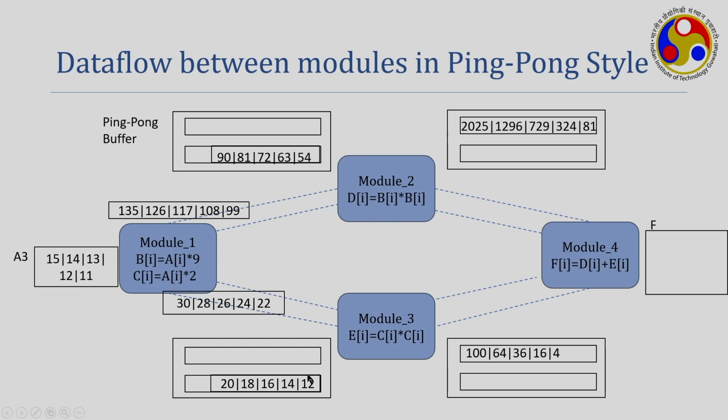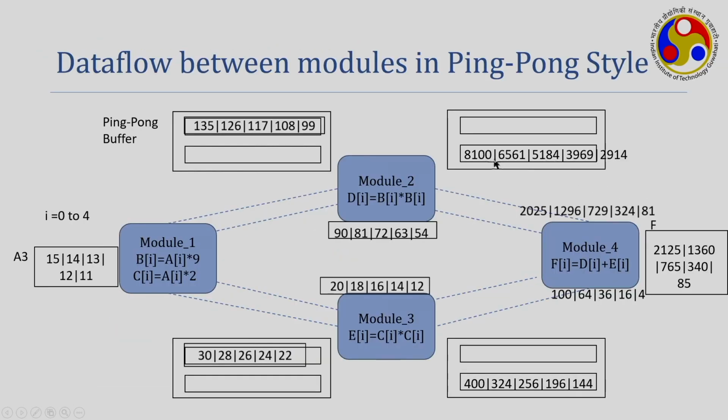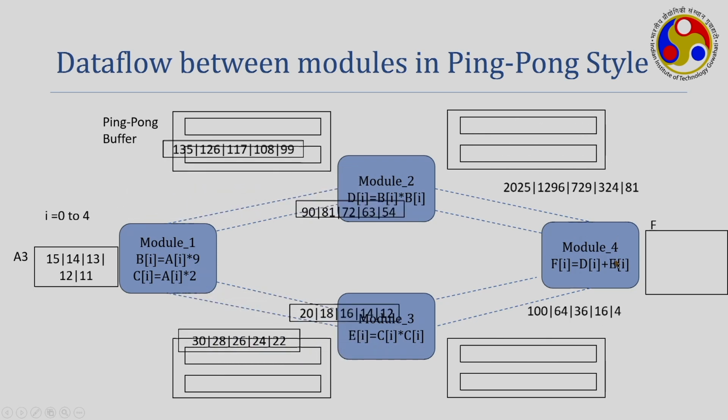The odd channel will be read by modules 2 and 3, and they will produce the data and write it into the buffers. Similarly, module 4 is now consuming data from here and producing data. So it is all happening in parallel.